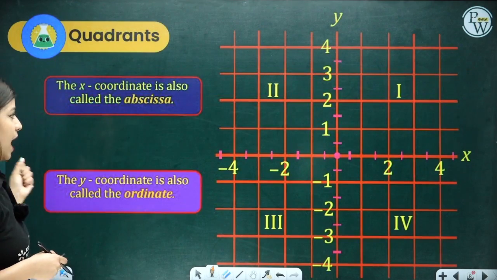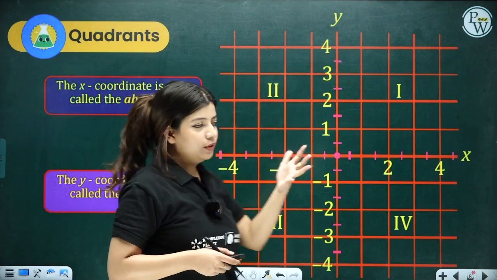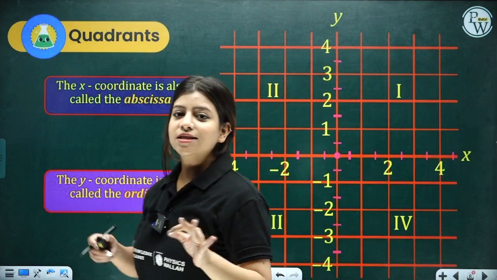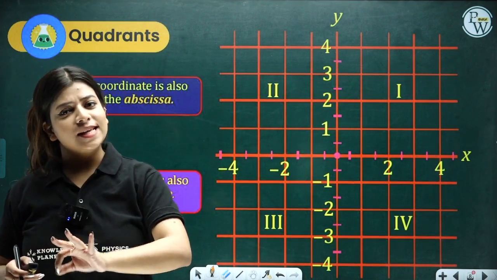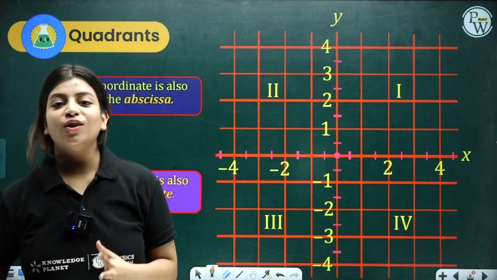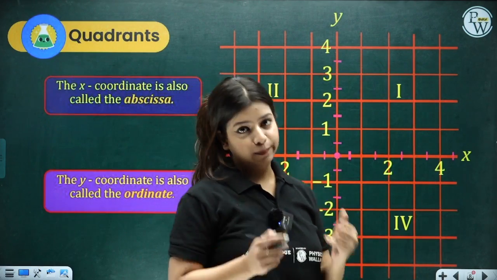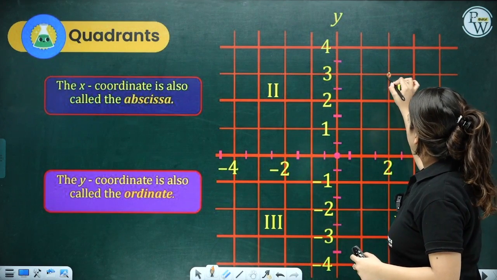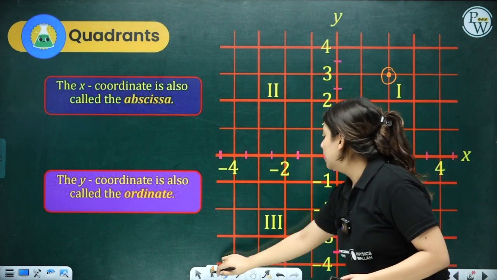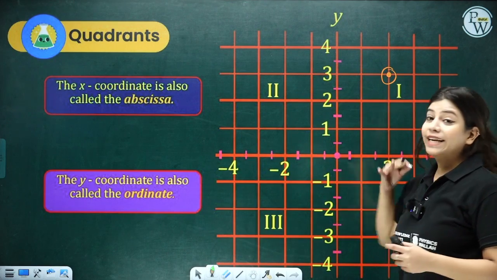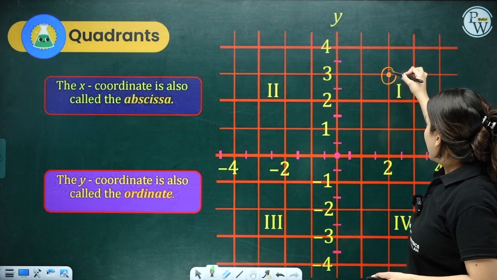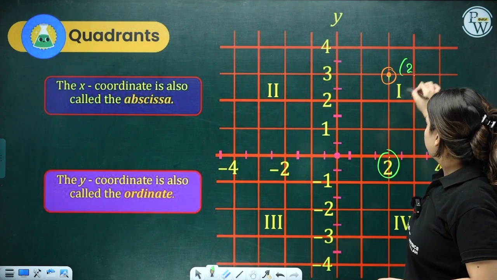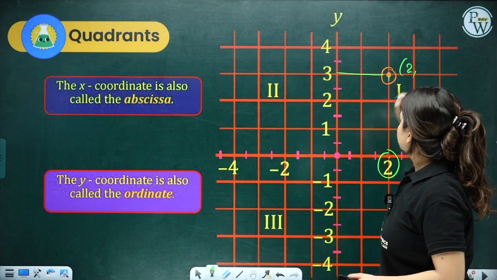The next thing we have: as I have told you, there are 2 points that we have to take. One is on the x-axis, the other one is on the y-axis. Now the point which is present on the x-axis is known as abscissa, right? If, for example, I have to locate this point over here and write down its coordinates, students, I have to see where on the x-axis it is lying. So the x point will be 2. Where on the y-axis it is lying?